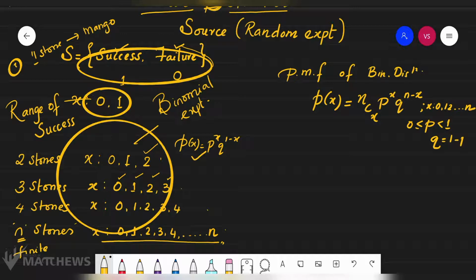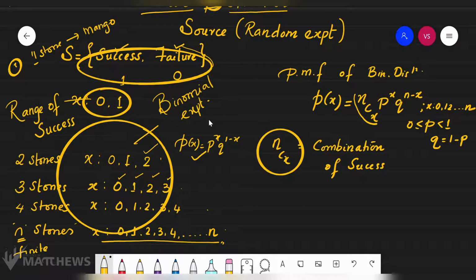Now, the only thing we will be speaking about is nCx. This nCx is the combination of success, students. For example, say we have 5 stones.